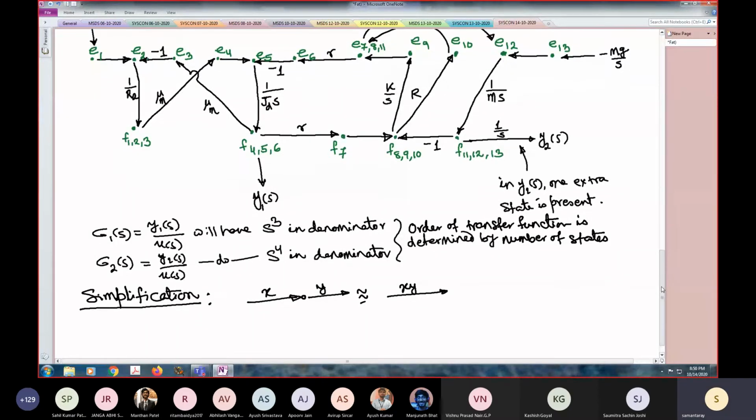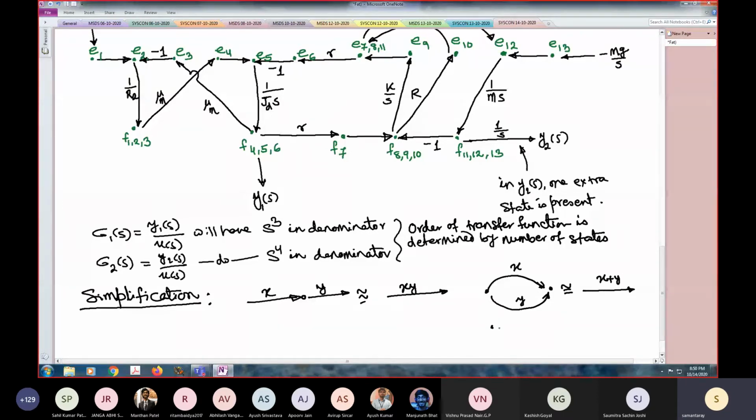What is the other simplification? If you have two things in parallel, x, y, we can make it equivalent to x plus y.